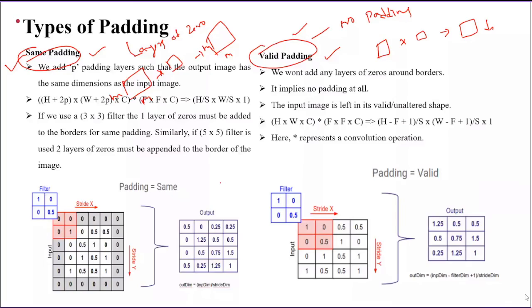So in a convolution layer, we have a convolution operation followed by an activation function. This convolution operation can be done by adding padding.